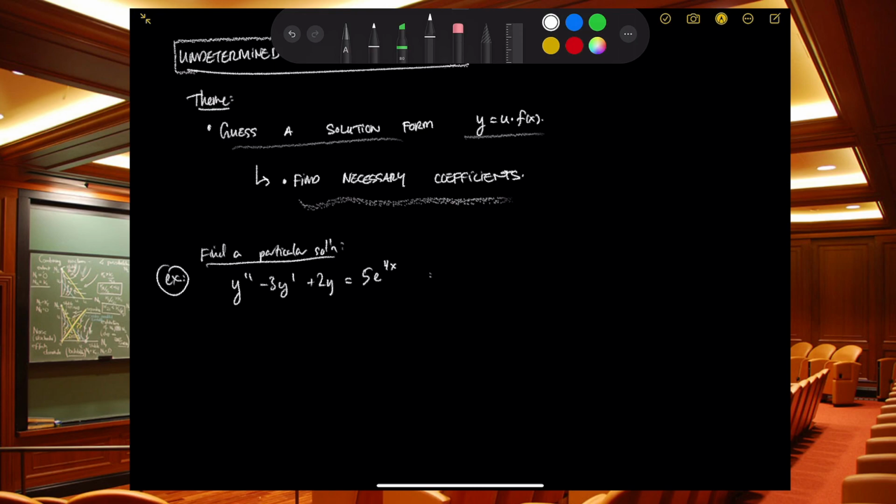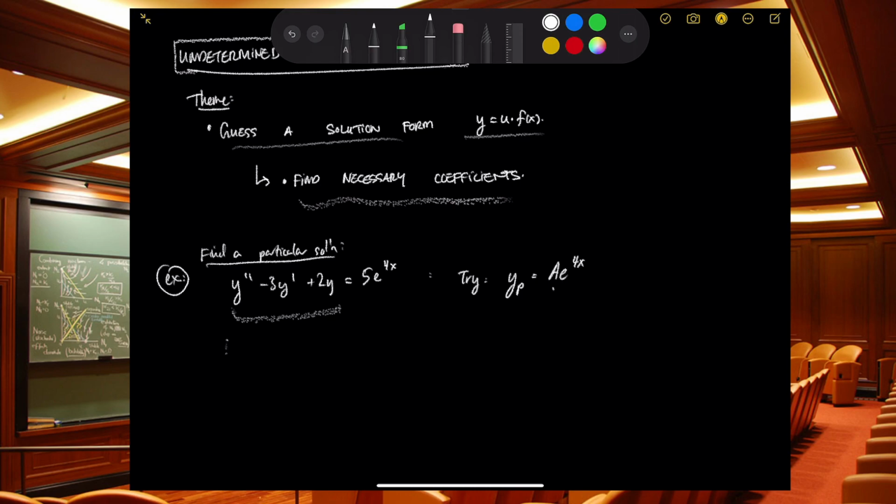What we'd want to do here is try y particular as some scalar a times e to the 4x. The reason is we're hoping that if we do double differentiation and multiplication and add it all up, we would have started and ended with a function like this. Then we just need to figure out what a must be.